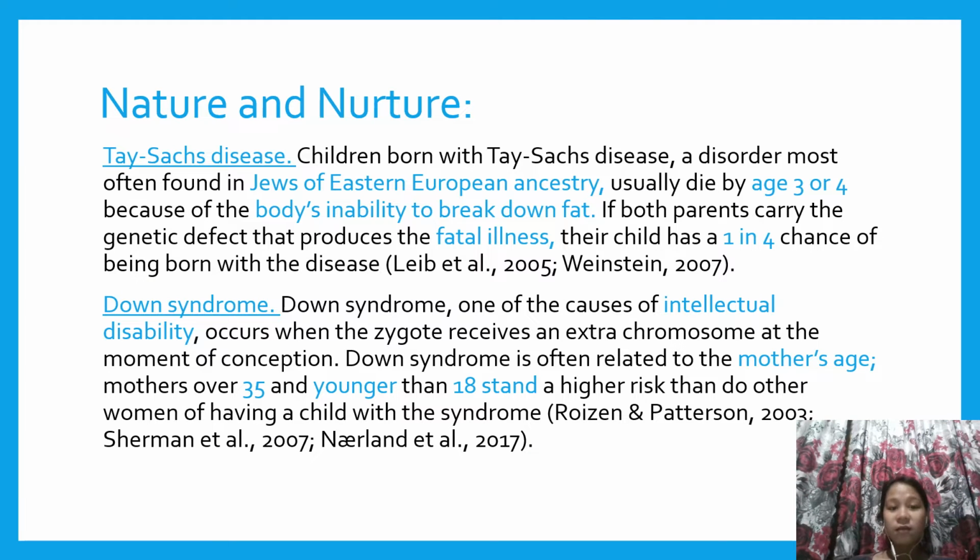Next is Tay-Sachs disease. They usually die at the age of 3 or 4 because of the body's inability to break down fat. Next, Down syndrome. One of its effects is intellectual disability.